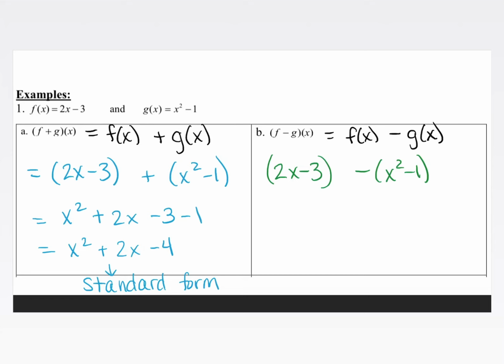Now here, I want you to think about the distributive property. This is really a -1 that we're going to multiply into each individual term here. Simplifying that, we'll get 2x minus 3 minus x squared plus 1. Now we can write our final answer in standard form, which gives us negative x squared plus 2x minus 2.